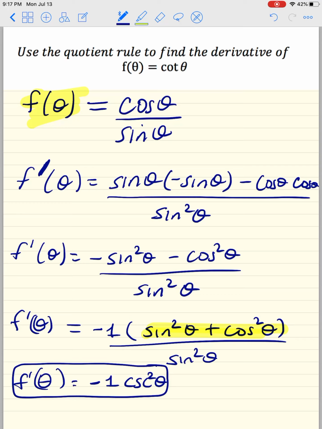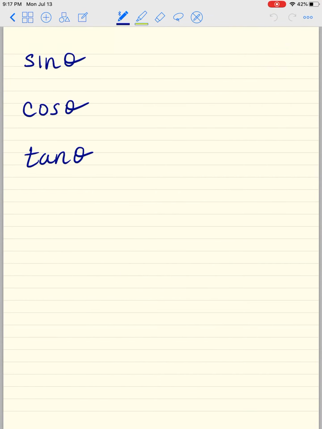Now, I'm going to show you guys the best way on how to remember this. The best way. Here's what we're going to do. You guys ready? First, we have sine, cosine, tangent. This is how you guys are going to remember it. Then you're going to put the reciprocal of tangent as cotangent. The reciprocal of cosine as secant.